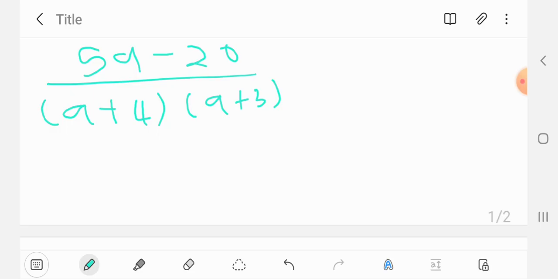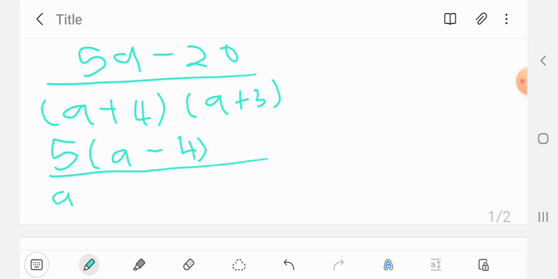So we can factorize. We'll take 5 outside, and we'll have a inside. For us to get 20, we can say 5 times a minus 4, all over a minus 4, a plus 3.